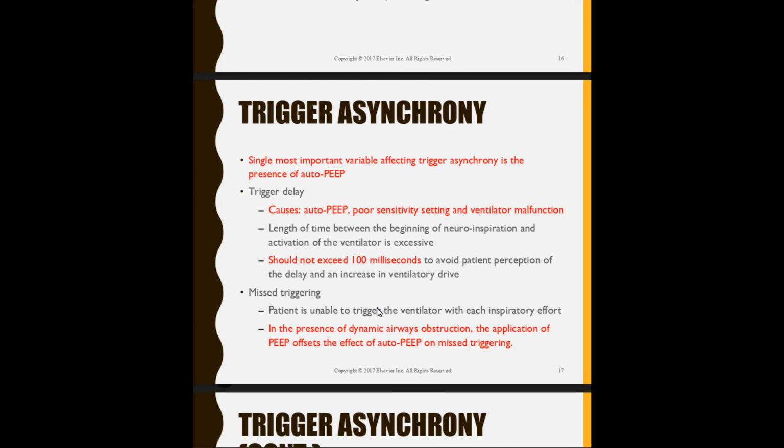Plateau pressure deals with pressure in a static state of air movement, meaning there is no air movement, and what's left is a certain pressure in the airways. That's where your plateau pressure comes from, and the plateau pressure deals with your static compliance.